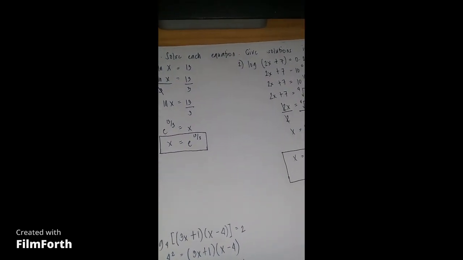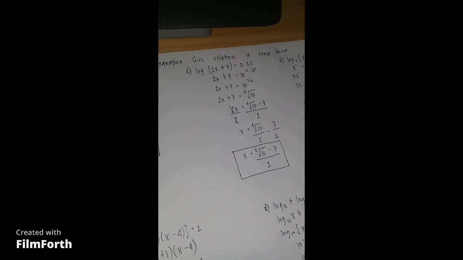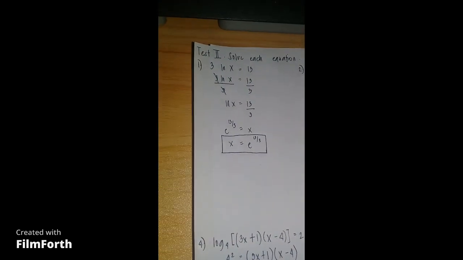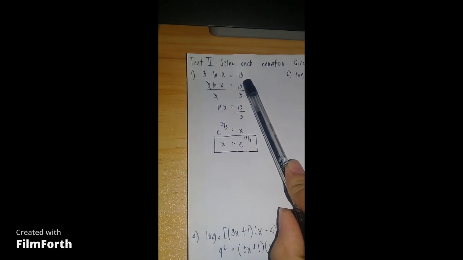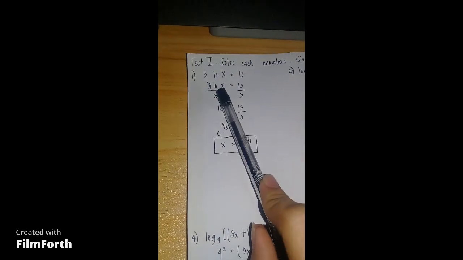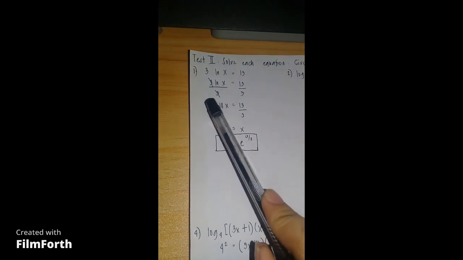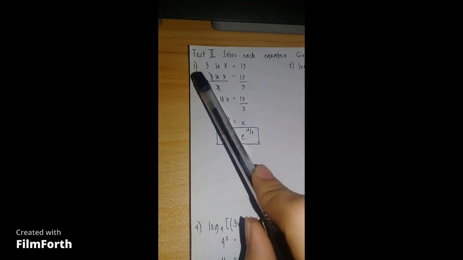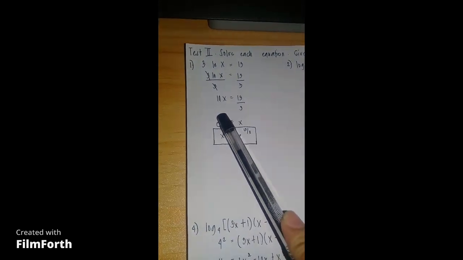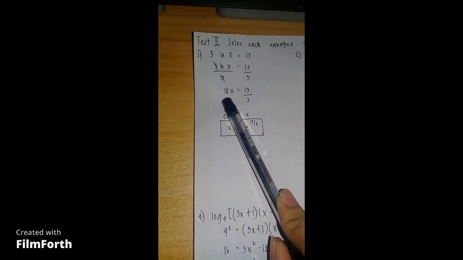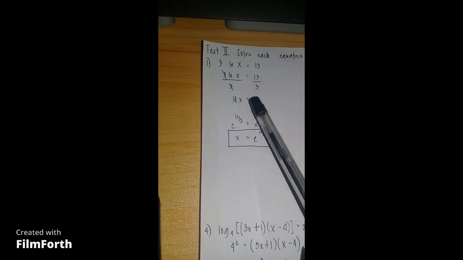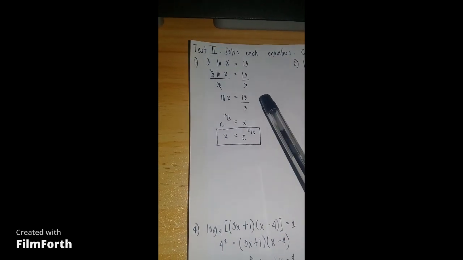Solve each equation, give solution in exact form. So we have here 3 ln x equals 13. Copy 3 ln x equals 13. Then divide both sides by 3. This must cancel. So ln x equals 13 over 3.